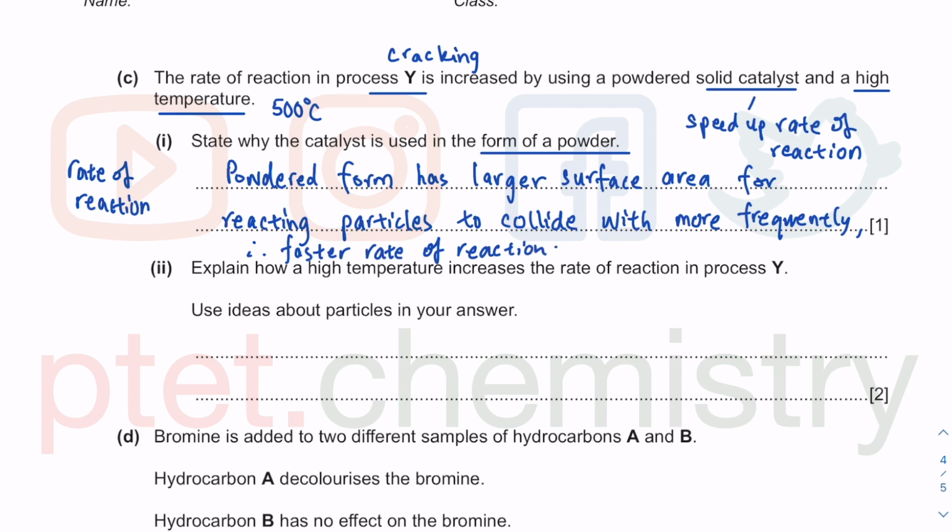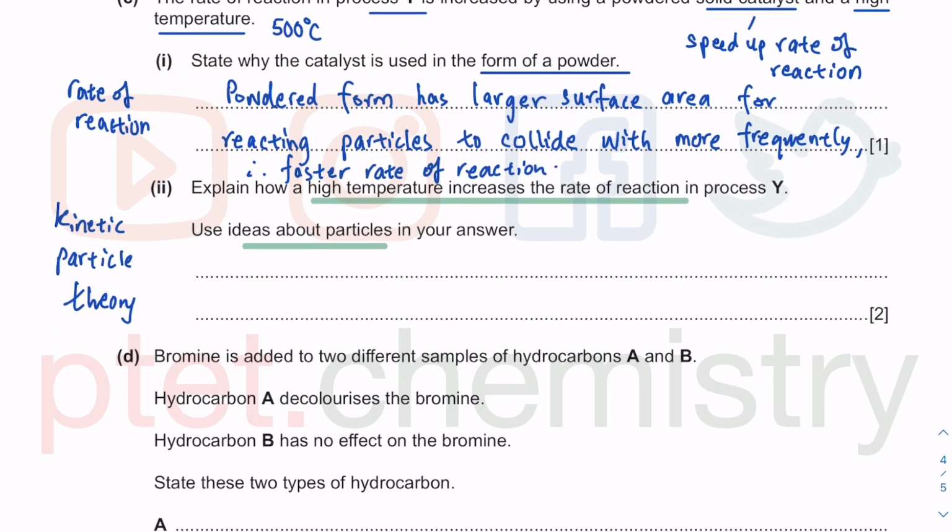Next up, how does a high temperature increase the rate of reaction? You must talk about kinetic particle theory. Kinetic is to do with kinetic energy. So your kinetic energy is related to temperature as stated in the rate of reaction topic. As temperature increases, the reacting particles, or the particles that collide together, will gain more kinetic energy.